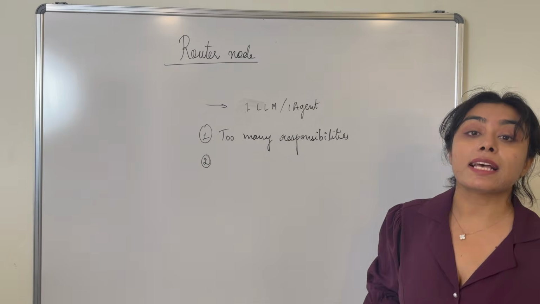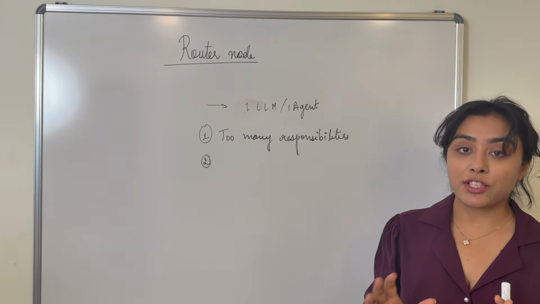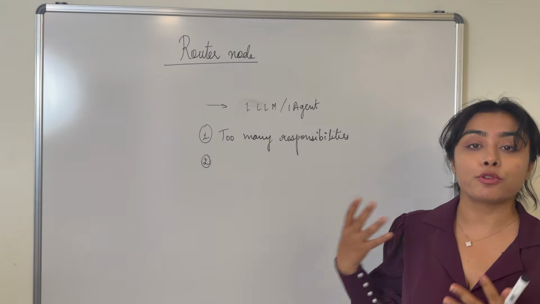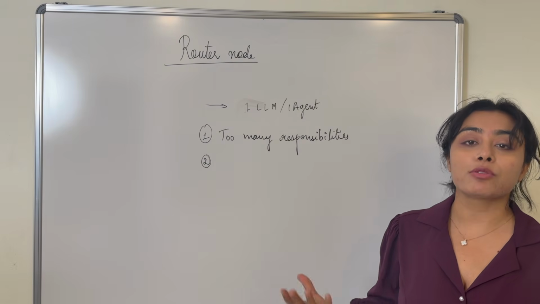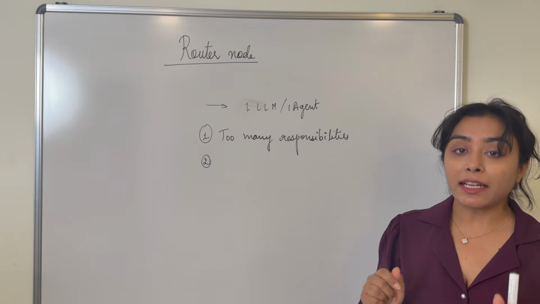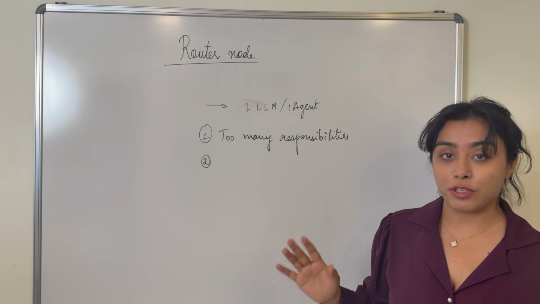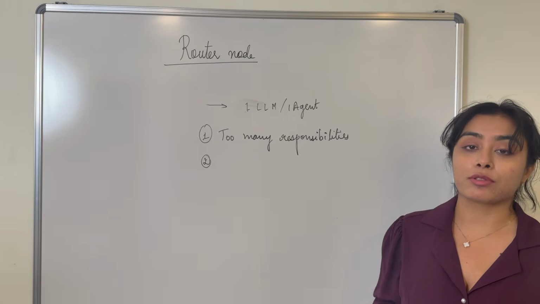Second reason is access control. So let's say one single agent, if it is accomplishing too many tasks, if it has access to too many tools to accomplish those different tasks and has those different responsibilities, in that case, this single agent has access to all of the tools that are needed to do all those tasks.